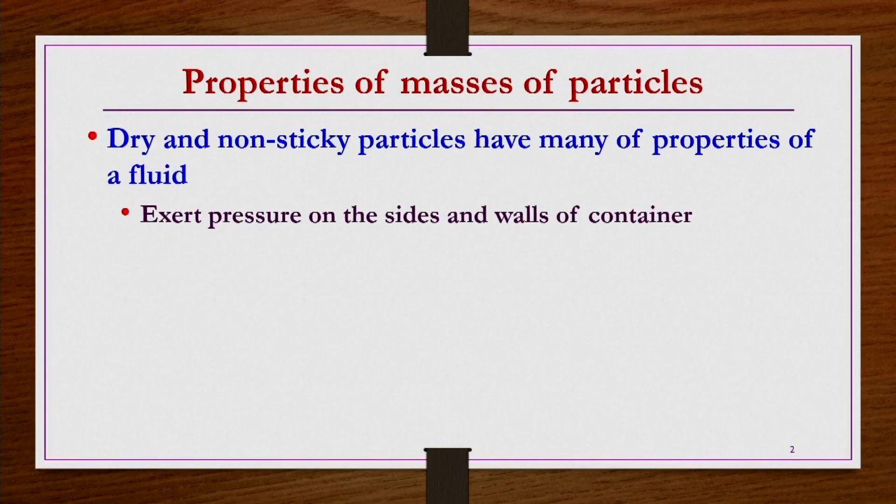What is such a property? For example, when you have a fluid, it exerts pressure on the sides and walls of the container, and the same property we can see here if your solid mass is a dry and non-sticky material.